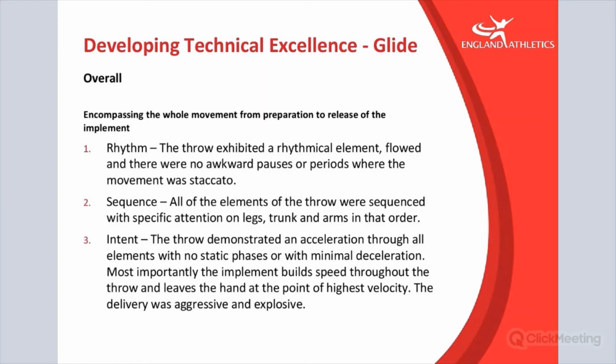But one of the things we got to at one point was that somebody could have done all the right things and gotten all the right positions in the wrong order, and it didn't have aggression, it didn't have flow, and that meant that overall the throw wasn't that great. So what we did is we went back and added another phase, which we called the overall phase, where we could try and encompass some of those less apparent aspects, but are probably incredibly important.